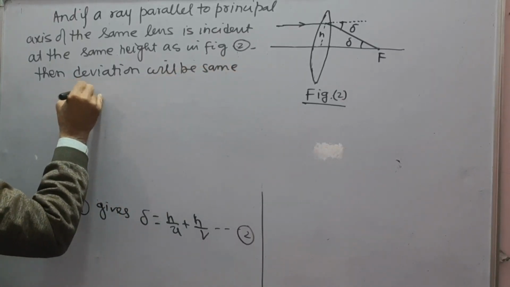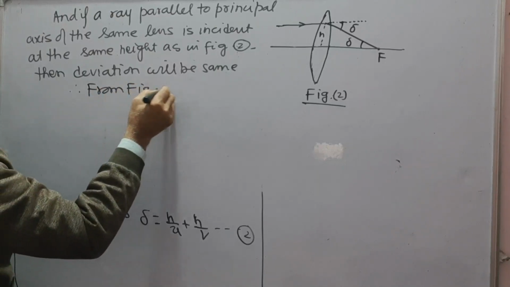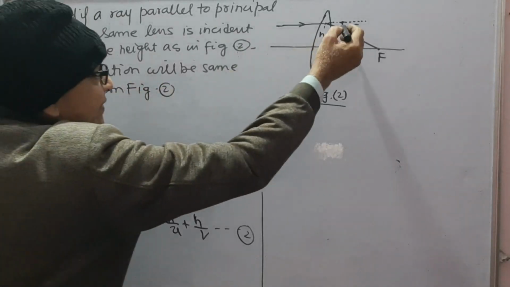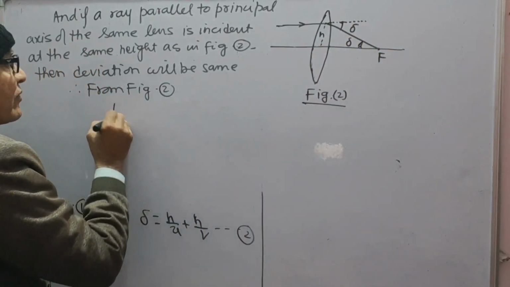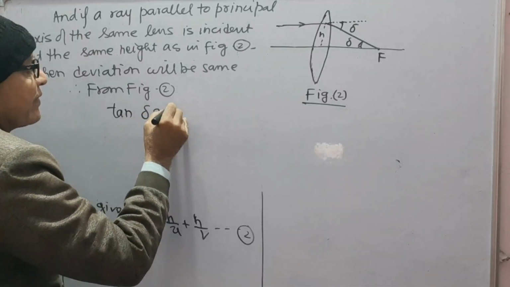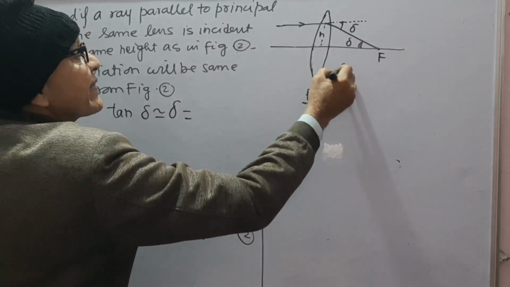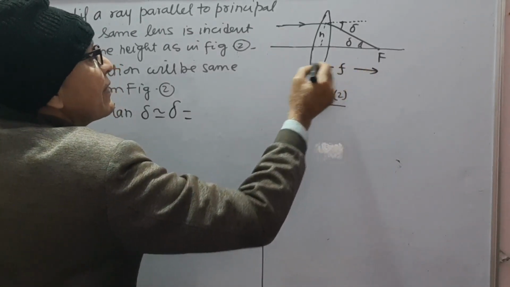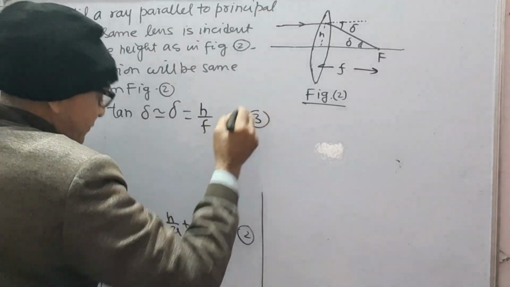Therefore, from figure 2, this deviation will be equal to this alternate angle delta. So, tan delta will be nearly equal to delta is equal to h upon this distance f, h upon f. This is equation 3.